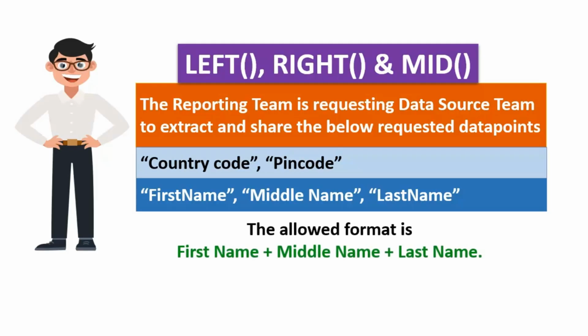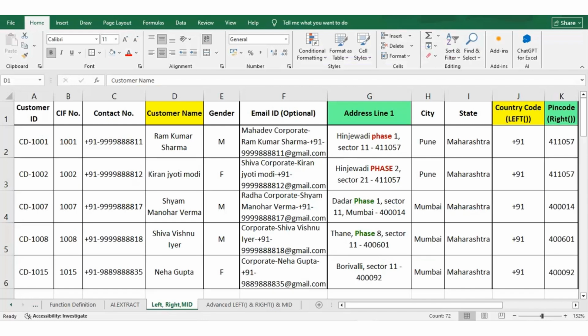The allowed format of the customer name is first name followed by a blank space, then middle name followed by a blank space, and then the last name. All of these fields are allowed to be a maximum of one word only.